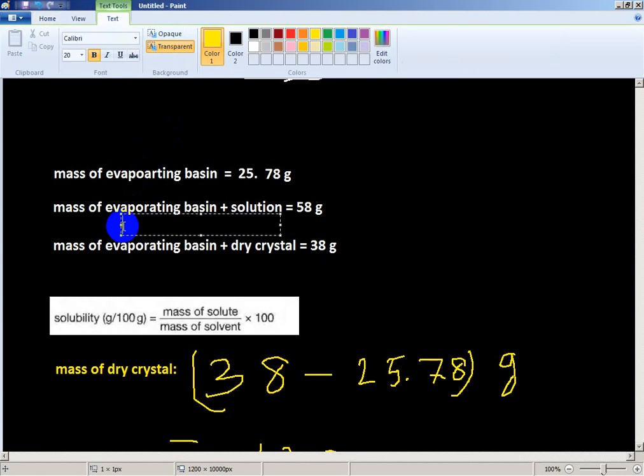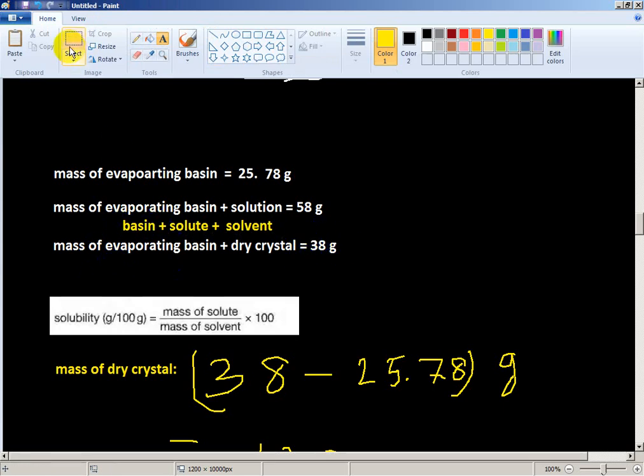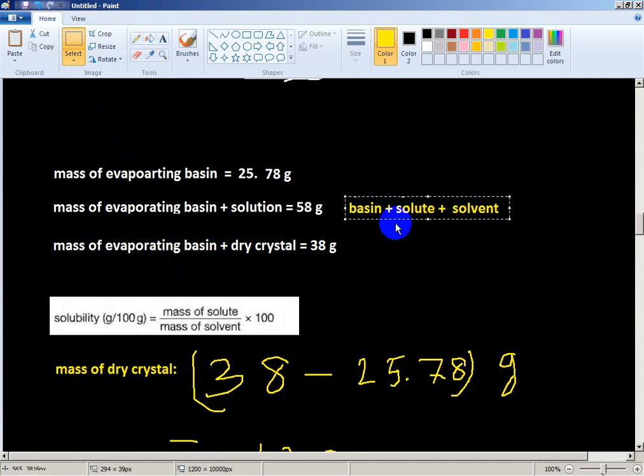In the below one, the mass 58 means these three things, basin plus solute plus solvent.